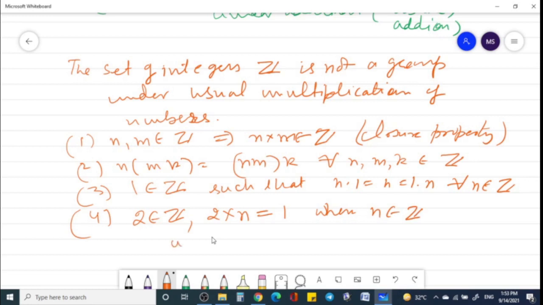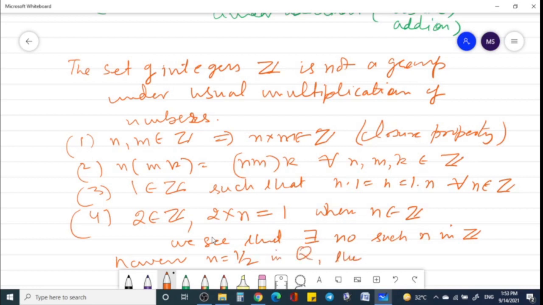So we see that there exists no such n in Z. However, n equal to 1 by 2 is in Q, the set of rational numbers, but not in Z. So therefore this is not a group.